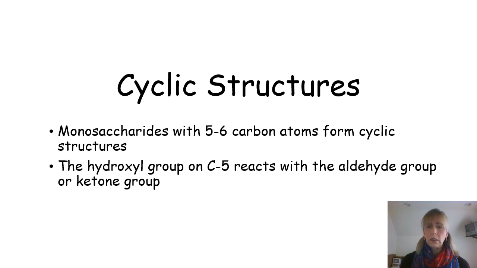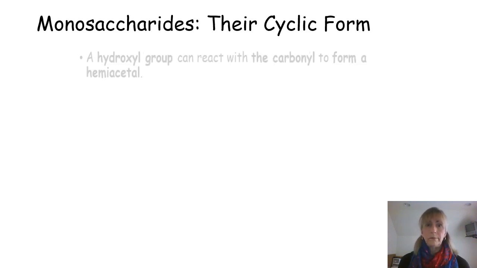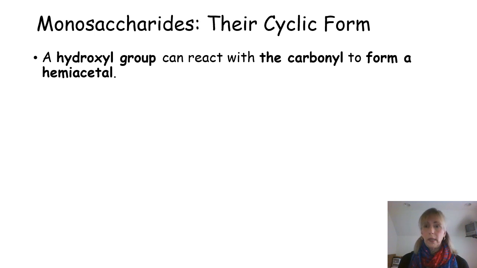Let's look at this in a little bit more detail: monosaccharides and these cyclic forms. How does it happen? Well, a hydroxyl group, you all know what a hydroxyl group is, an alcohol, can react with a carbonyl to form what's called a hemiacetal.